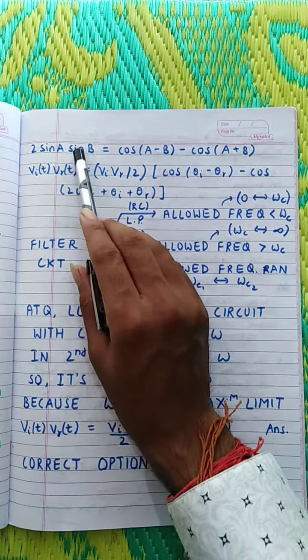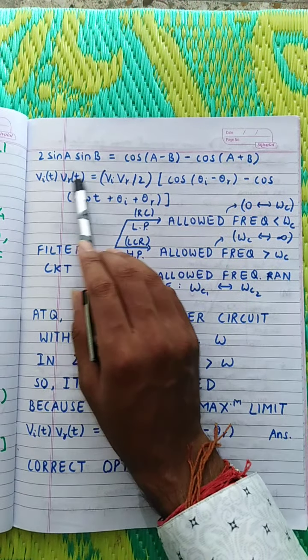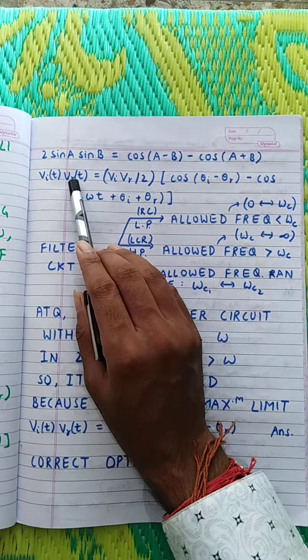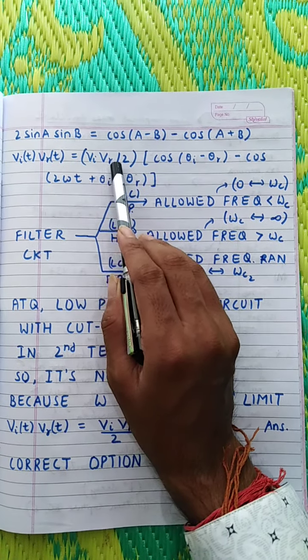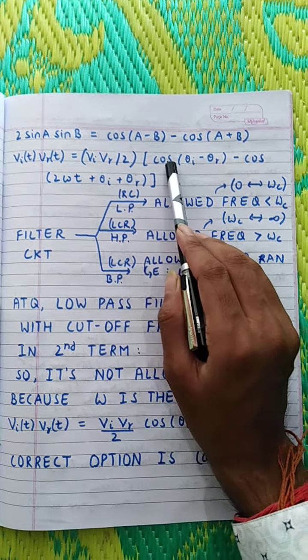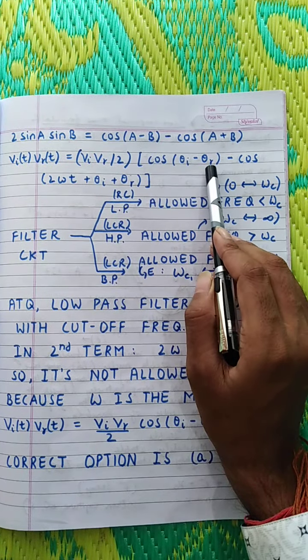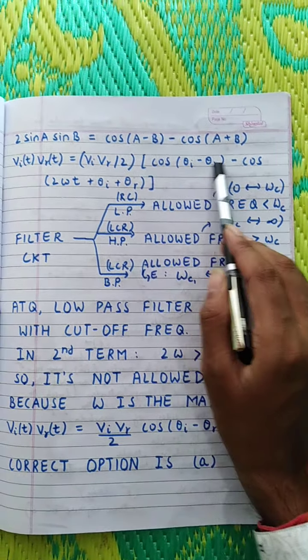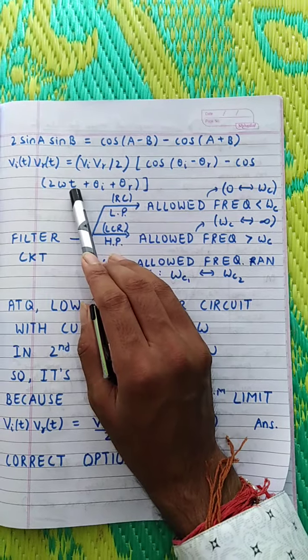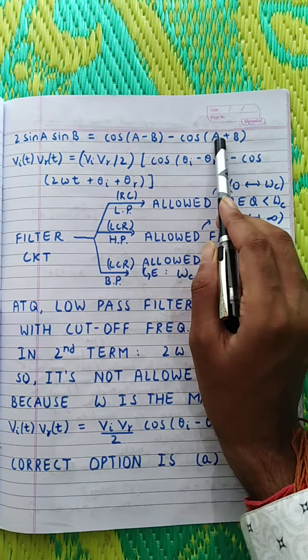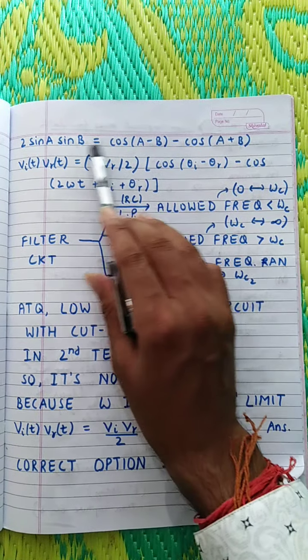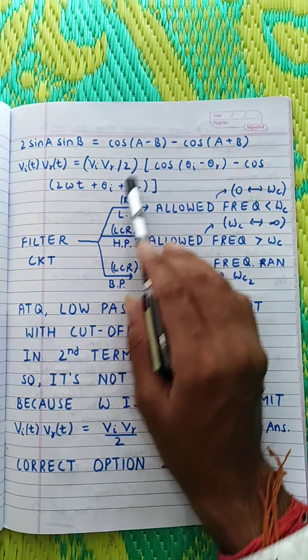So we can substitute this and rewrite the expression as V_i(t) into V_R(t) equal to V_i V_R upon 2 into [cos(theta_i minus theta_r) minus cos(2 omega t plus theta_i plus theta_r)]. The first is cos(A minus B) and the second is cos(A plus B). Now we have simplified this expression in terms of the formula.